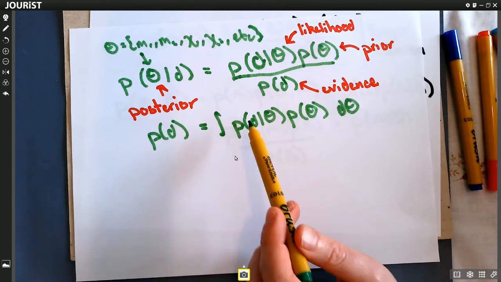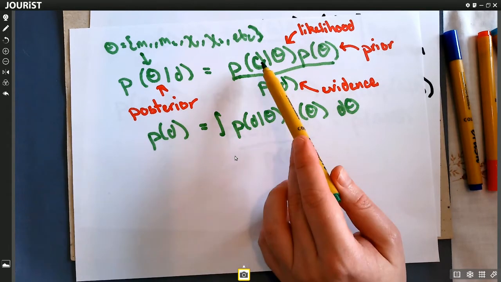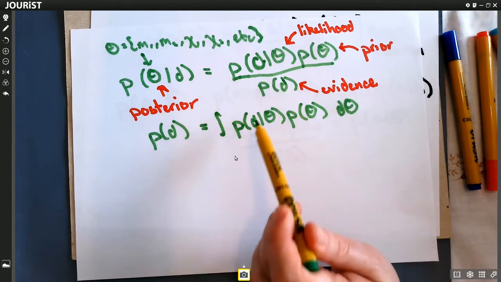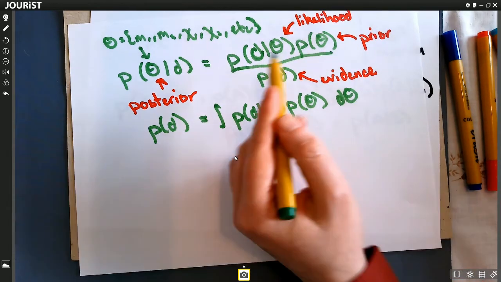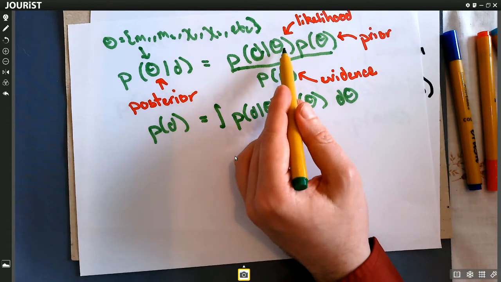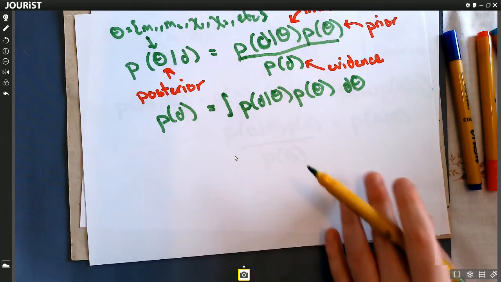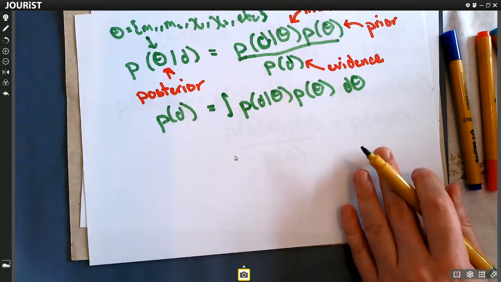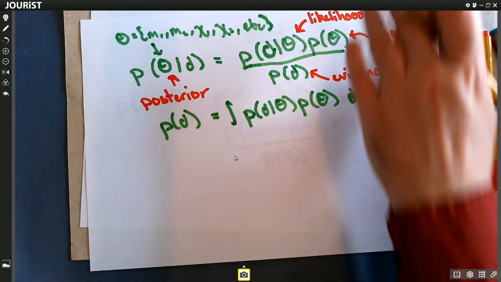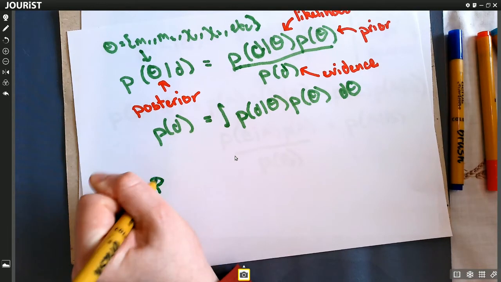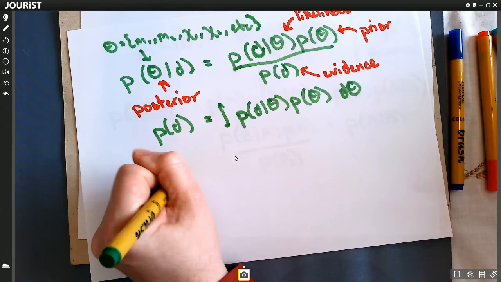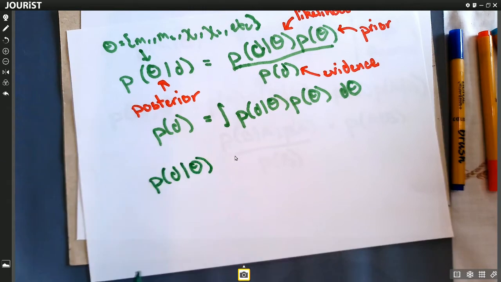The term we're missing now is the likelihood, which appears both here and here. This is the probability of getting the data if we had these source parameters. And this we calculate from our understanding of the noise in our detectors. Okay, what do we do to calculate this?